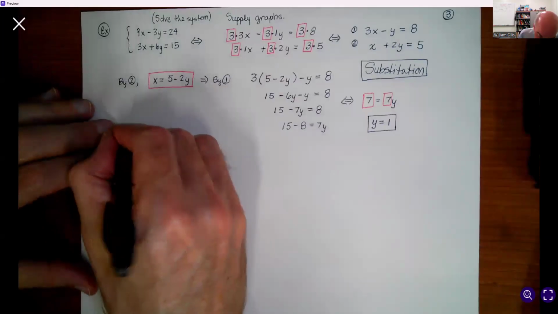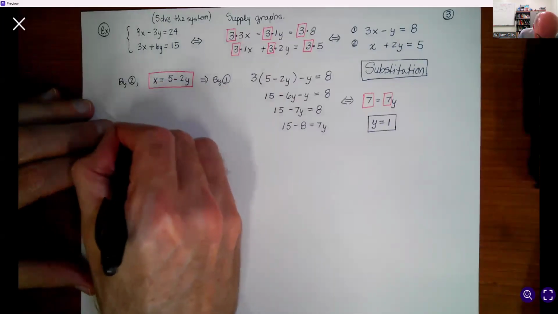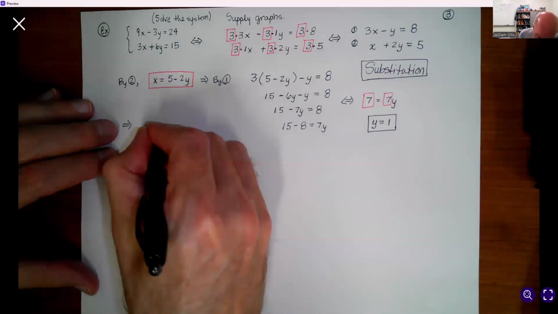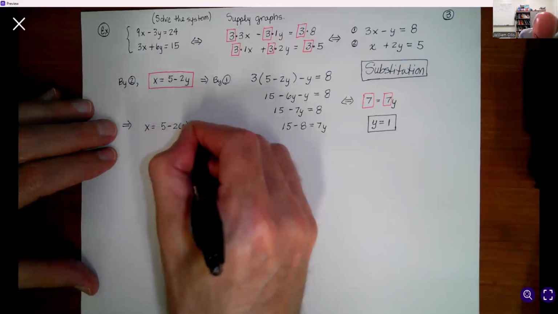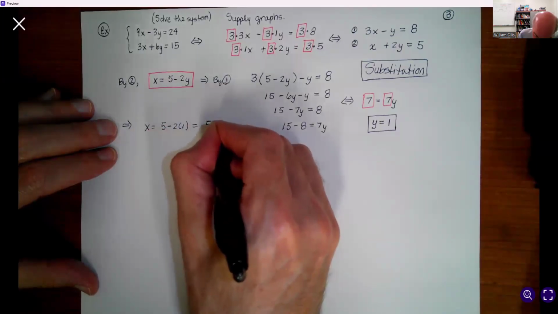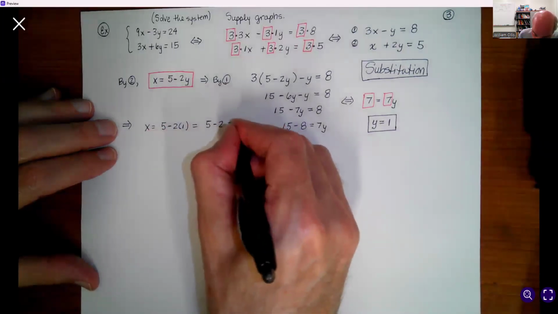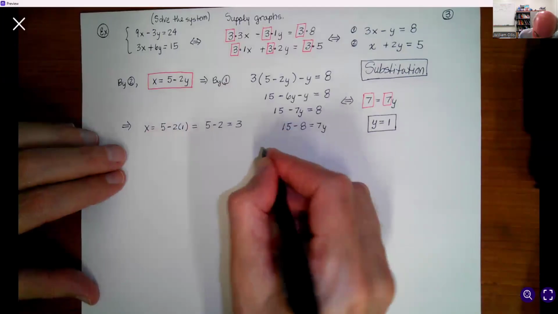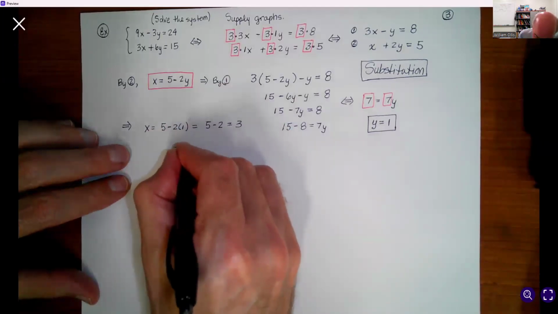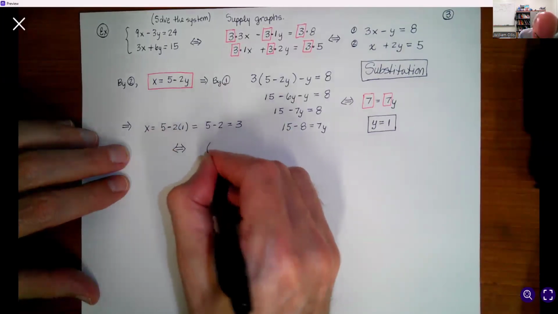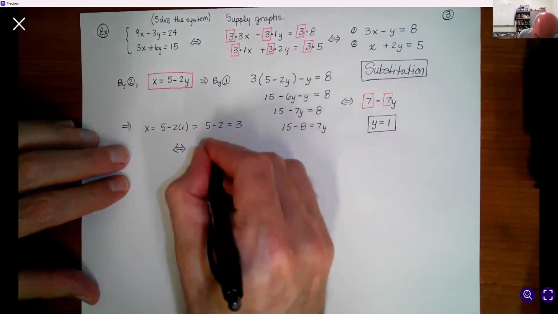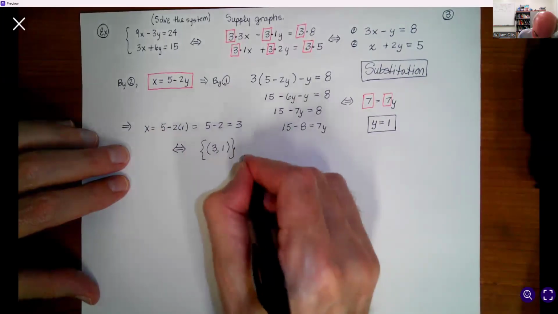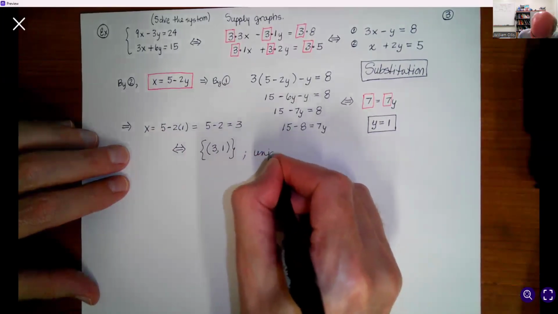So now we will say, using this implies that x equals 5 minus 2 times 1, or 5 minus 2 equals 3. So now this implies, or equivalently, we have x equal to 3 and y equal to 1 as a unique solution.